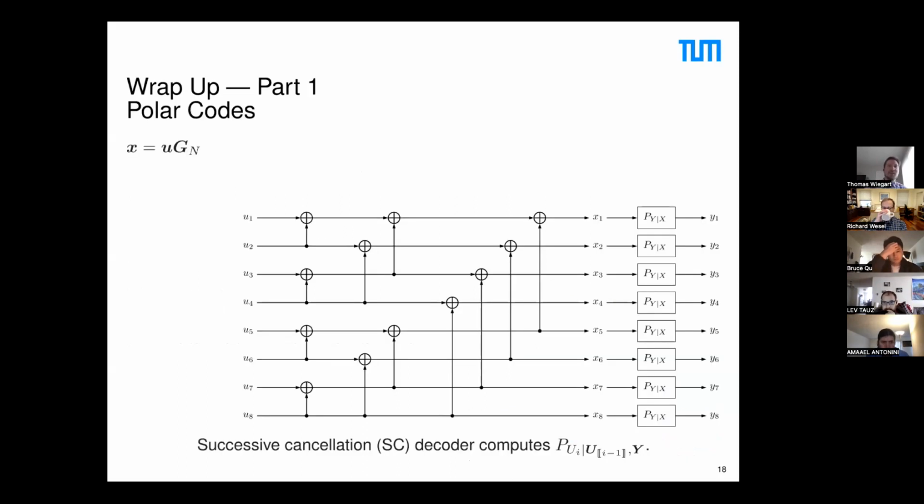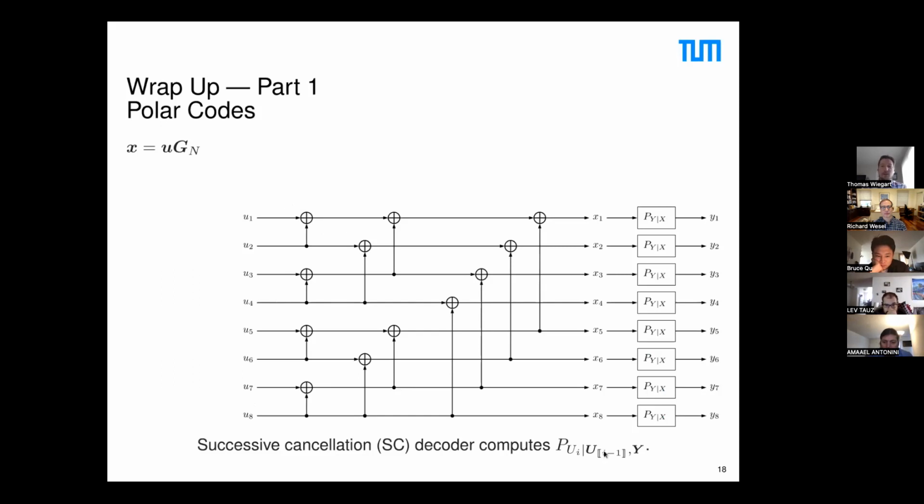Okay, so let me directly start with a very brief wrap up of part 1. The first thing I want to wrap up is polar code basics and some notations. Polar codes are linear block codes, and they are always based on this 2x2 transform, which is recursively extended. Just some notation: we have U, which contains our data.